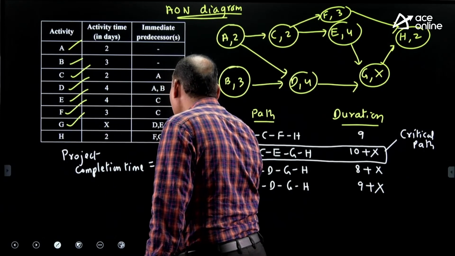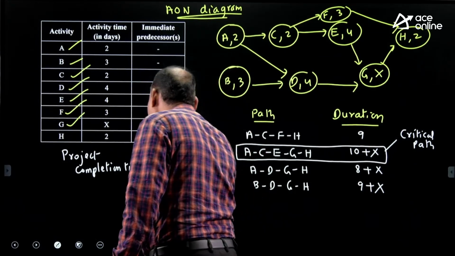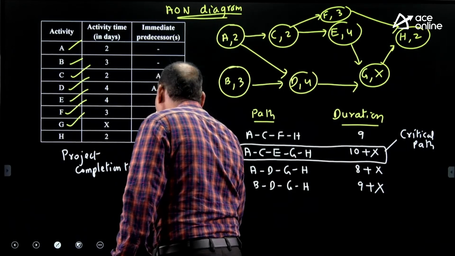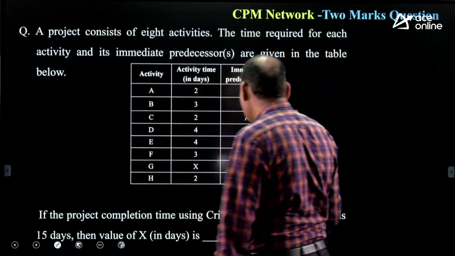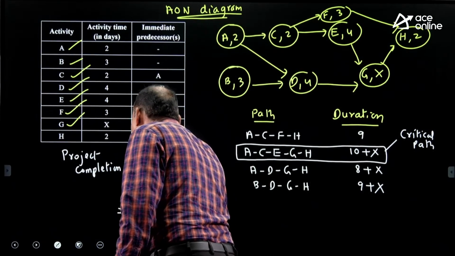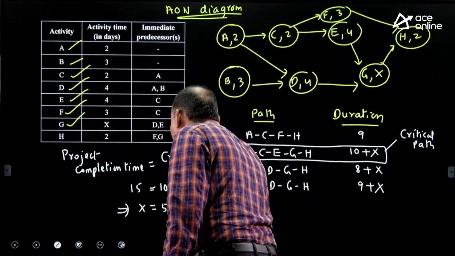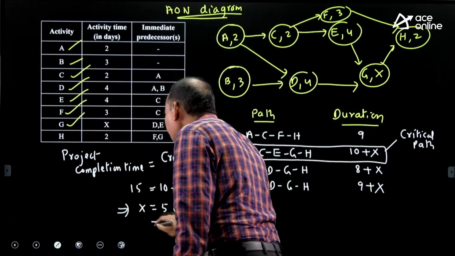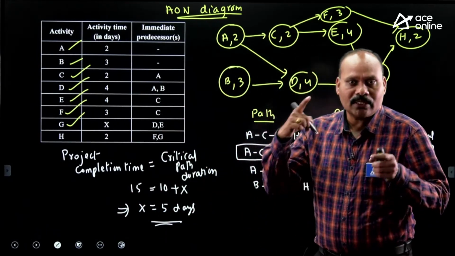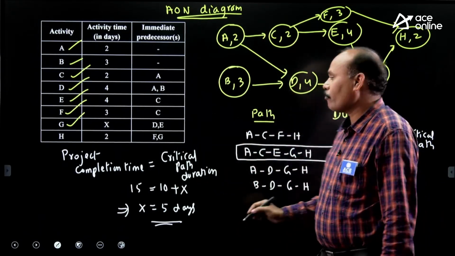So what is the critical path duration in this case? 10 plus X. But we know project completion time. How much project completion time? 15. This implies X is equal to 5. What about duration? Days. So X value 5 days. Here project completion time is highlighted. That's why I am using AON diagram.